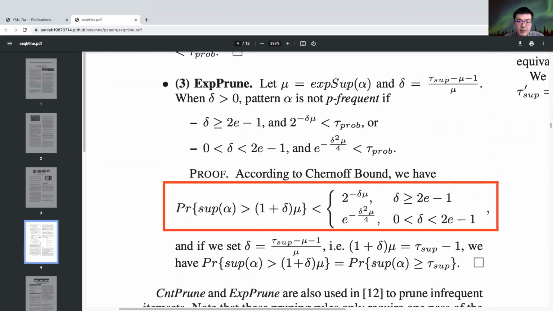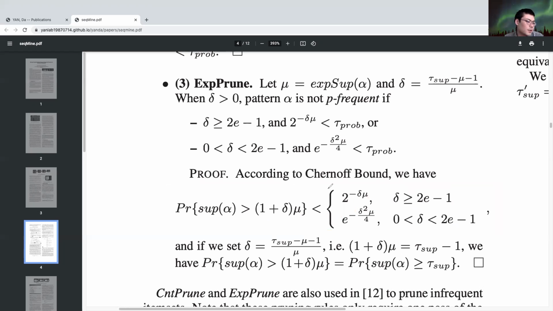1 plus delta times a mean value, it's going to be exponential. This is what we almost saw, but for the other side, between 0 and 2e, we can show strictly it's upper bounded by this. We can also prove this, but because this proof is a little bit more complicated, we just simplify things.